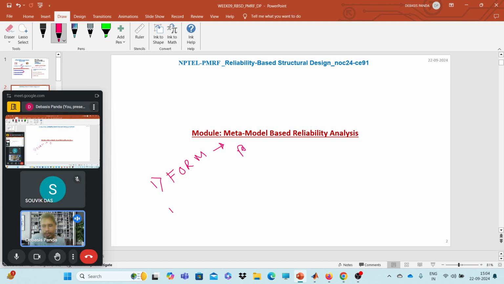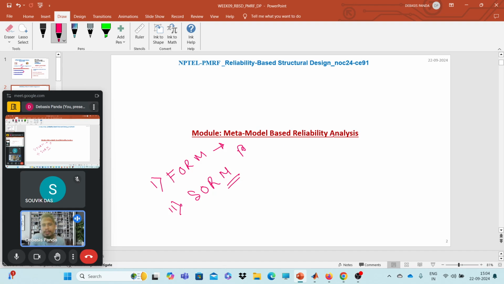Then we solved problems using Breitung and weight approximation for the second order reliability methods. During the last interaction session we also went through simulation based reliability techniques.